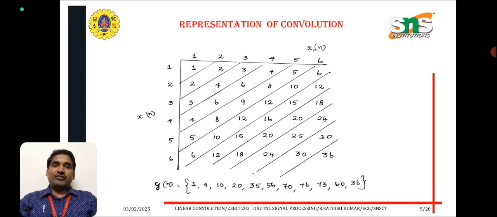And then 12, 15, 16, 15, 12, we get 70. 18, 20, 20, 18, we get 76. And then 24, 25, 24, we get 73. 30 plus 30, 60. Finally we get 36. Therefore, y of n is equal to 1, 4, 10, 20, 35, 56, 70, 76, 73, 60, 36.